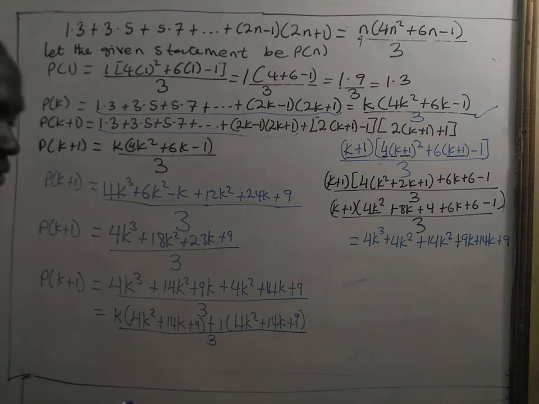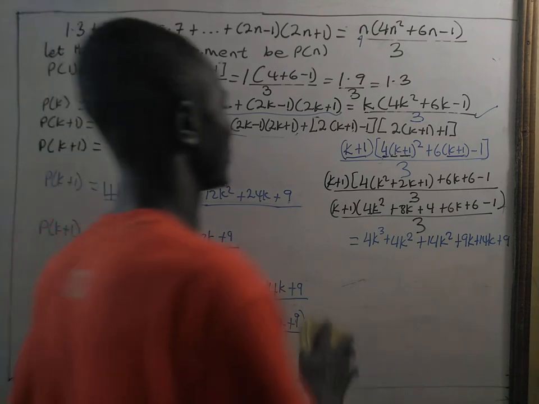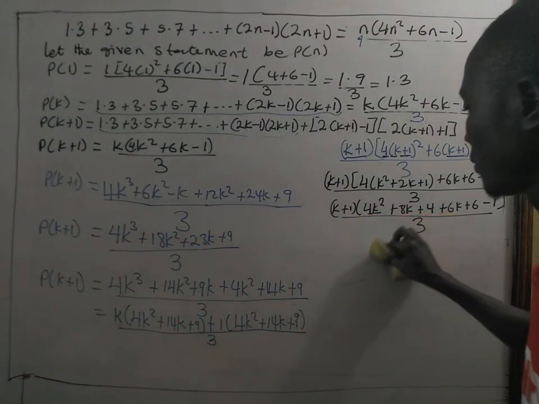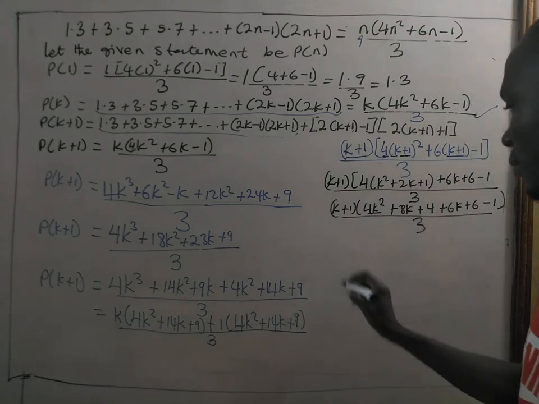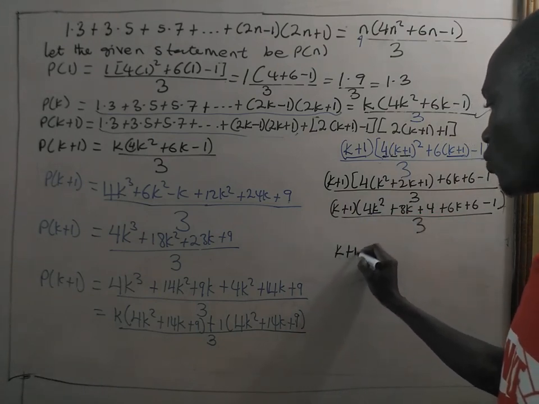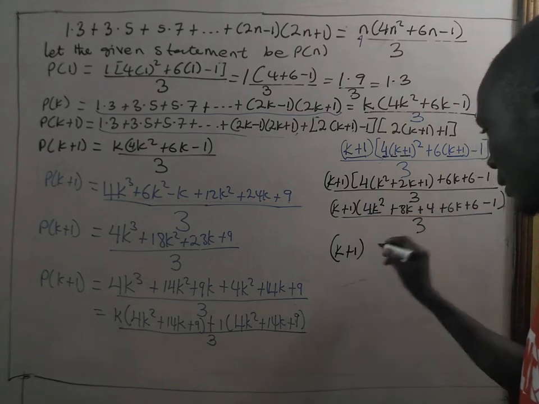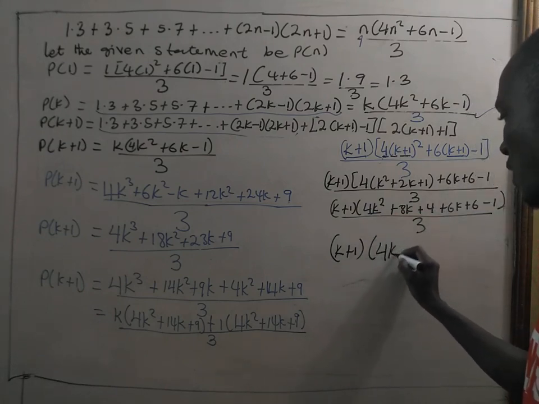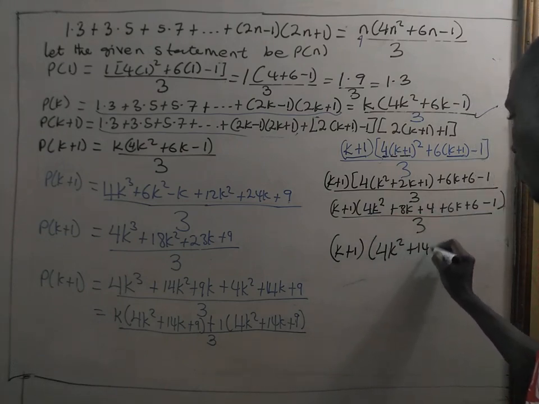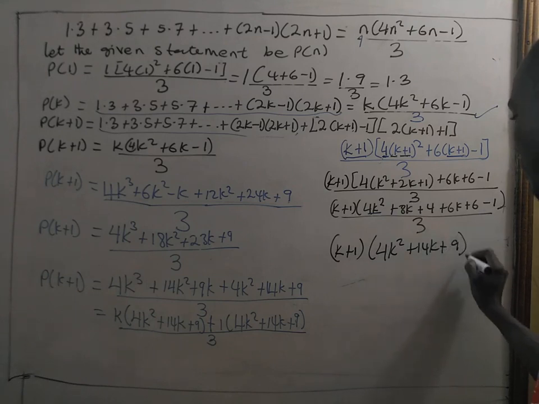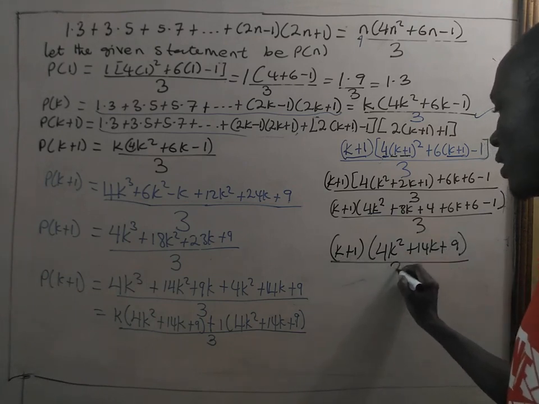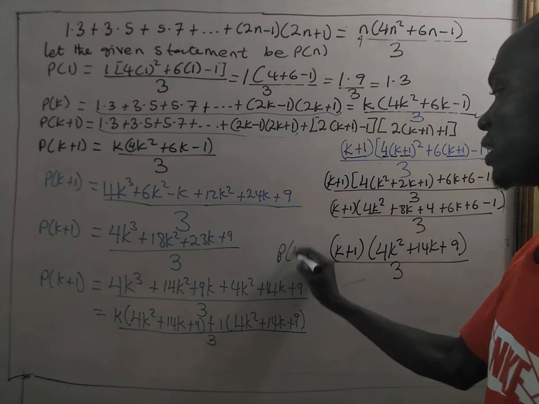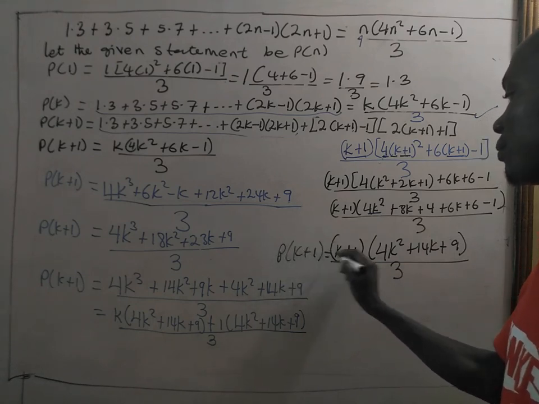And this gives k plus 1 times 4k squared plus 14k plus 9, all divided by 3 as our pk plus 1.